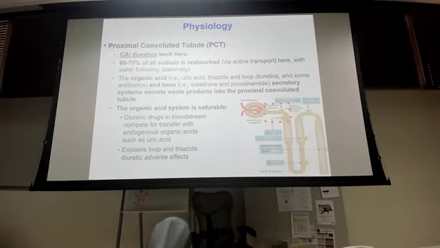Segment by segment. PCT, right? Proximal convoluted tubule, 60 to 70% is reabsorbed here. Water is going to follow that reabsorption, right? It's also where the organic acid-based secretory system is. We discussed that. That's in the PCT.